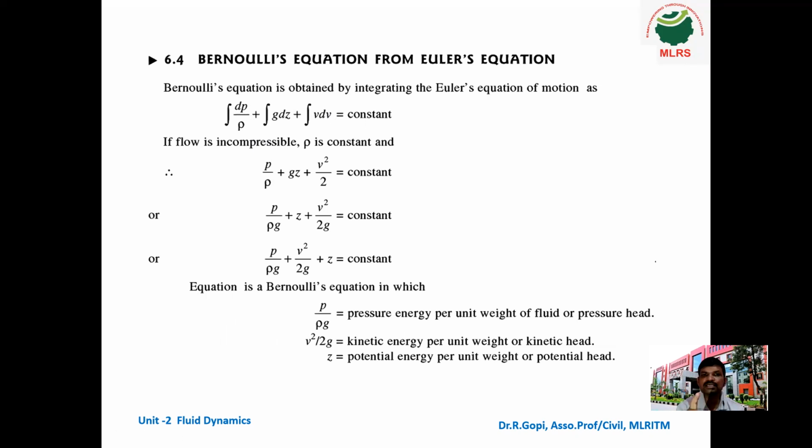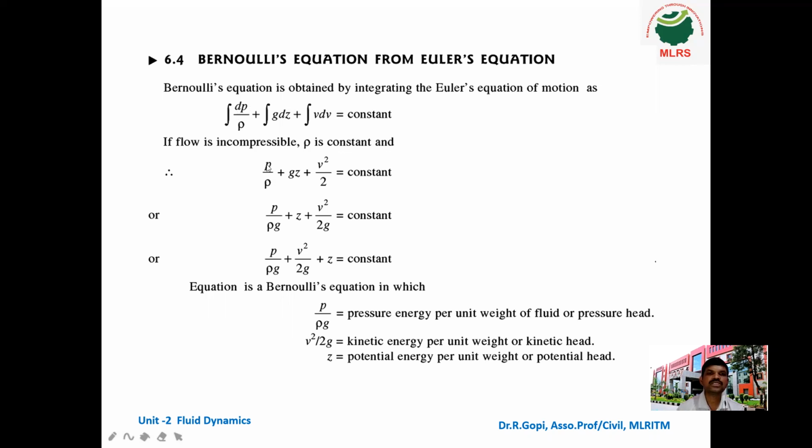Please listen, here it is not 0. It is a constant value, some value will come. If flow is incompressible, rho is constant, and here integration is there, not differentiation.